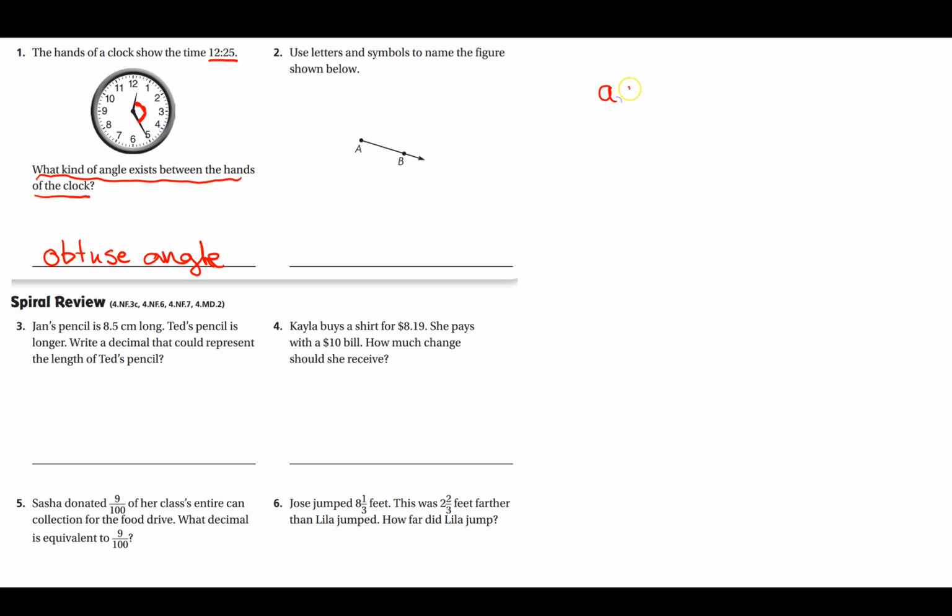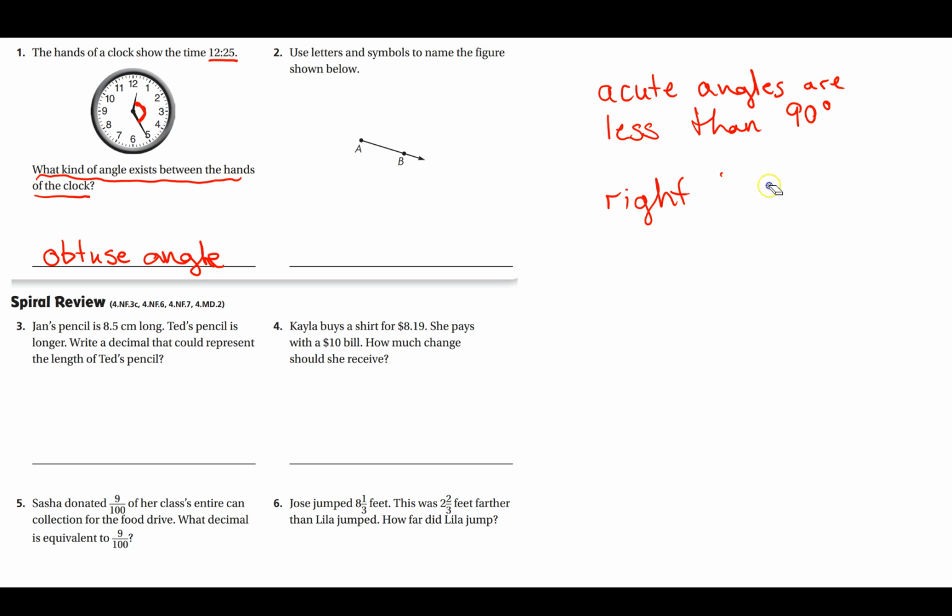Remember, acute angles are less than 90 degrees. A right angle is exactly 90 degrees.